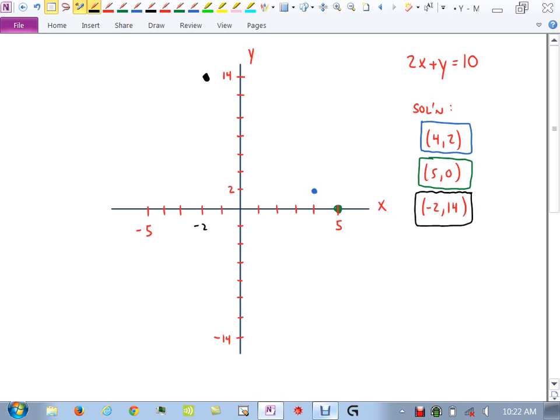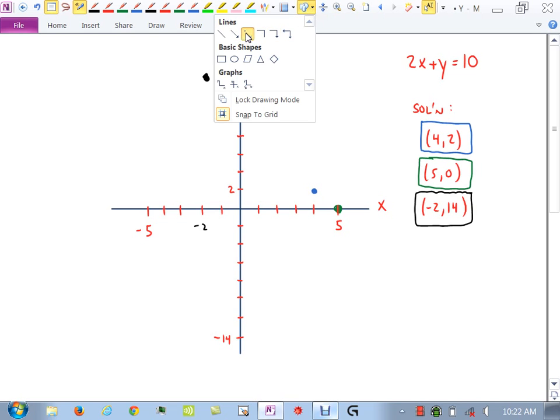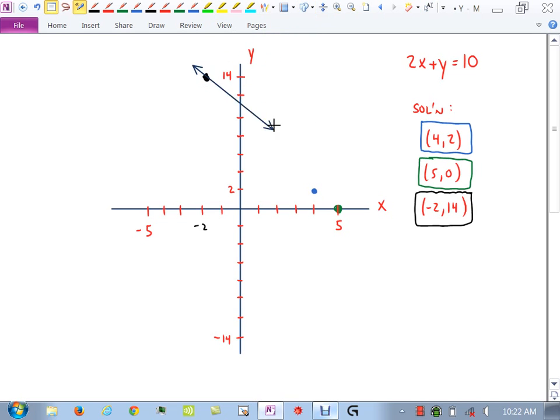The solutions to any linear equation in 2 variables, if you plot a bunch of the points, they all lie on a line. So if I just connect those 3 dots with a straight line, I will have a way of visualizing all the answers. So I'm going to now connect these with a line. It lines up pretty good.